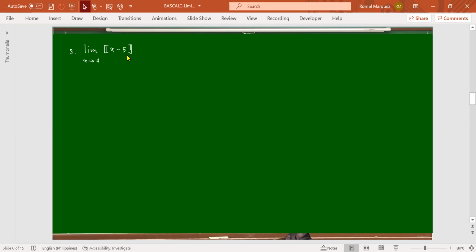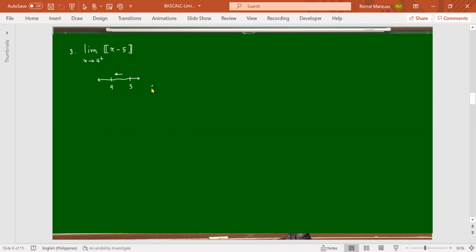As x approaches 4 from the right. O, gawa tayo ng number line para huwag kayong malito. So it is 4 here and we want from the right, no? Going to the right. Pero approaching 4 pero galing sa kanan. Okay? So hanggang less than 5 siya.